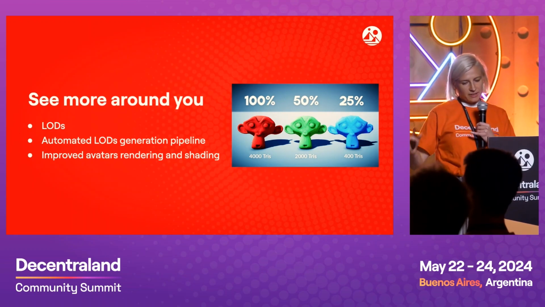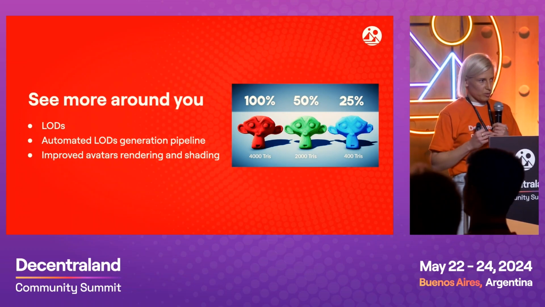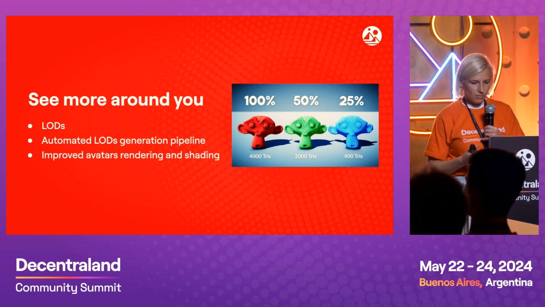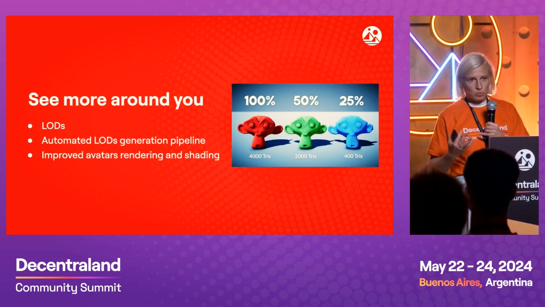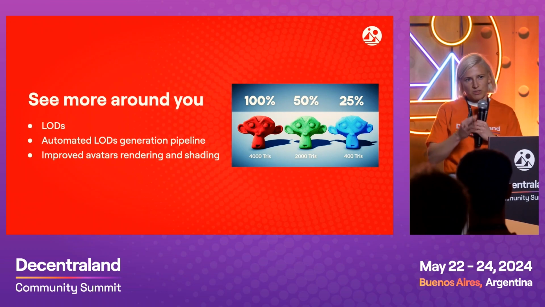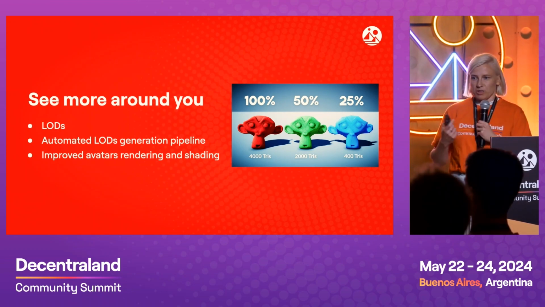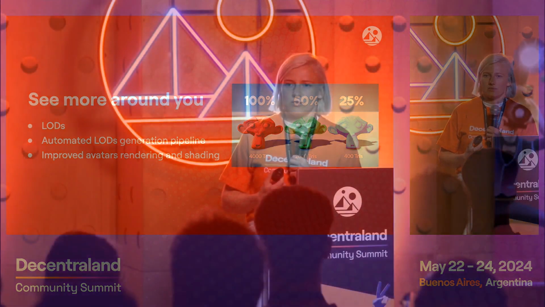But the further they get, we can simplify them to display them in a more decimated representation. Basically, it's like having multiple objects of the same asset, but with different quality settings. And we created an automated pipeline for you that generates those assets, so you don't need to worry about this.